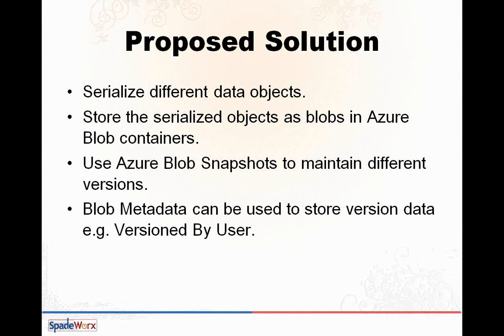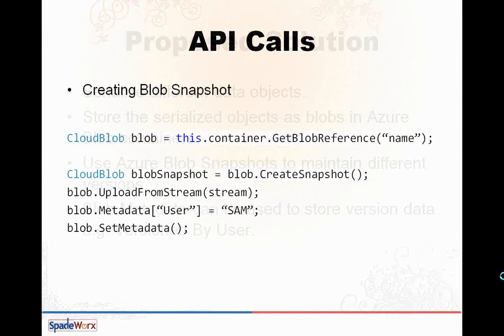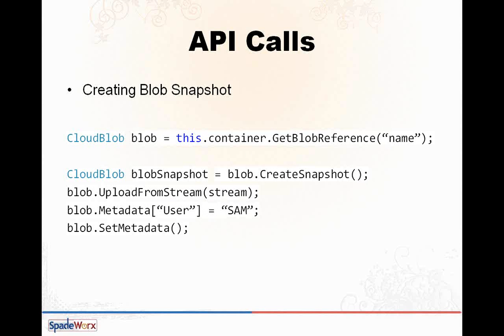We plan to utilize this feature of Azure Storage blobs to store the version related data, such as the user who has uploaded the version or the file, and maybe the user comments, in the metadata of the blob. So this slide actually shows how you would create a snapshot.